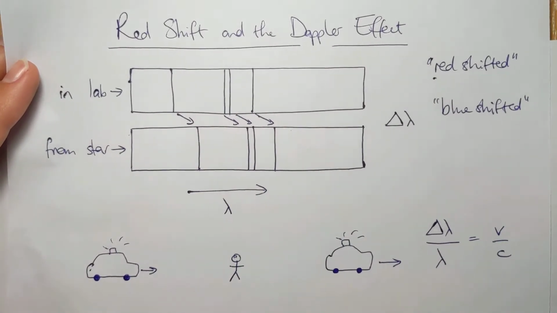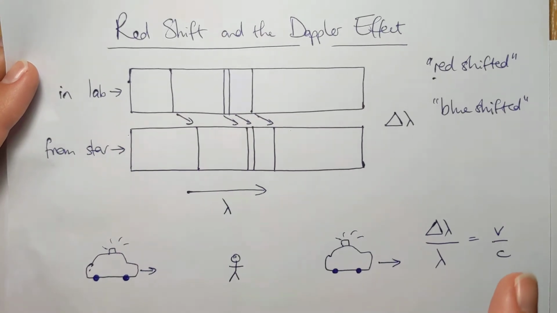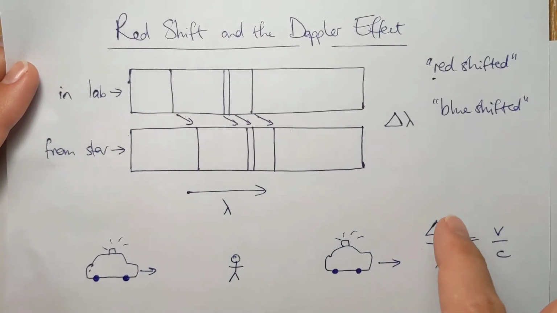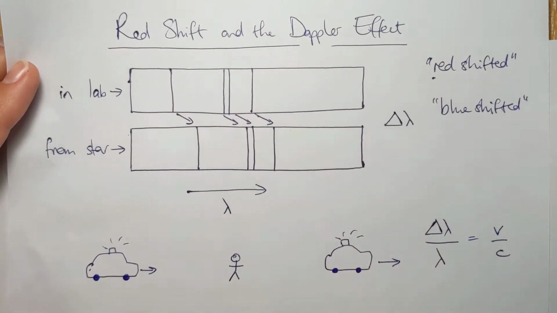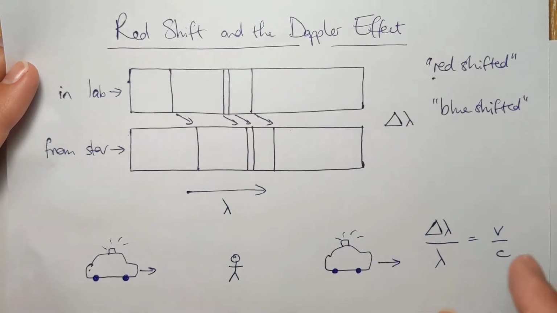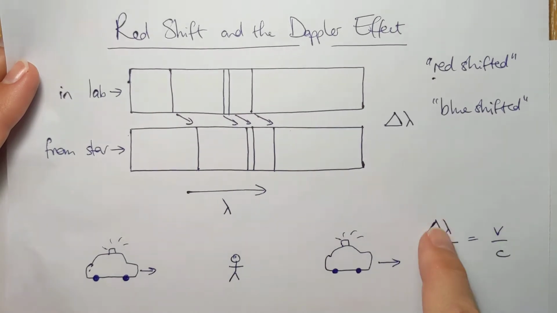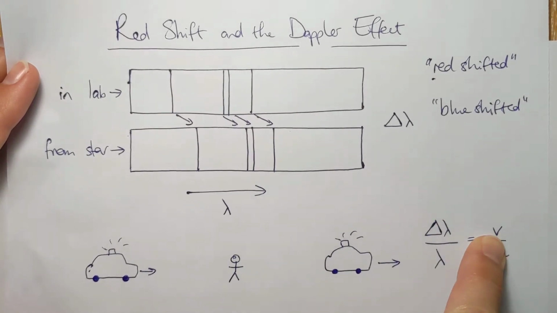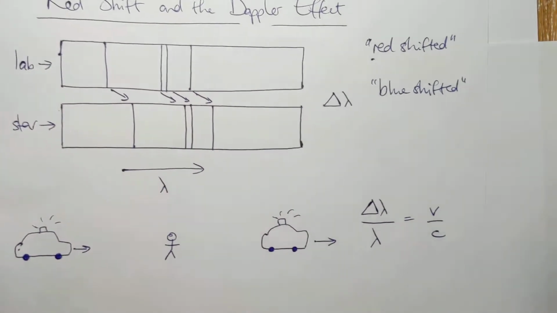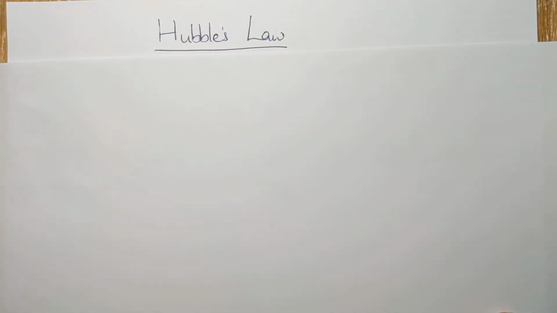Now, interestingly, when scientists measured the wavelength shift of the distant galaxies, they found that all of the light from all those distant galaxies was redshifted, and then they used it to work out how quickly those galaxies were moving away from us, and they found something else interesting.